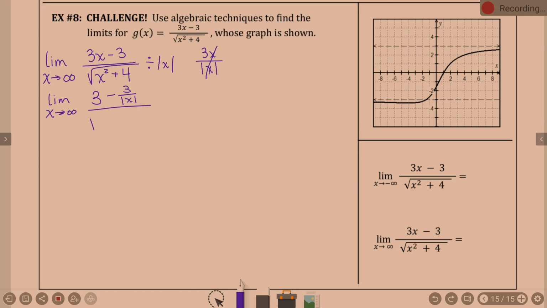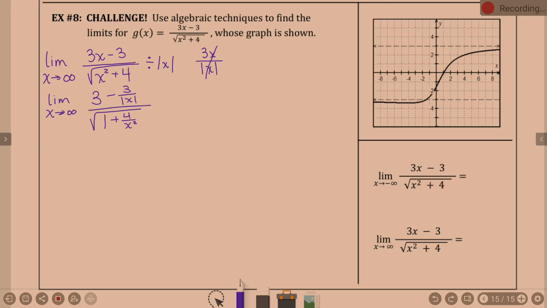Under the square root, because you're under the square root, you can think of it as just dividing by the x squared here. Because this was the square root of x squared, so while you're under here, it's x squared divided by x squared, which is 1 plus 4 over x squared.